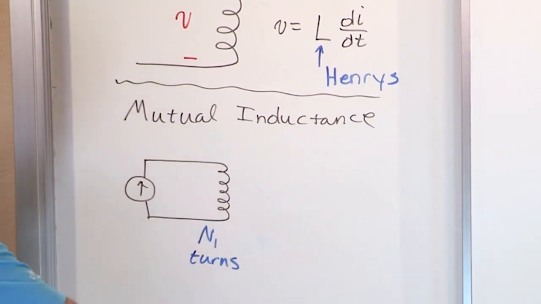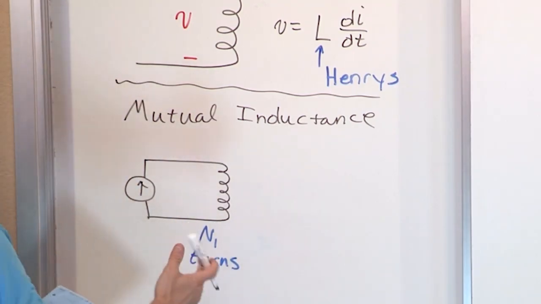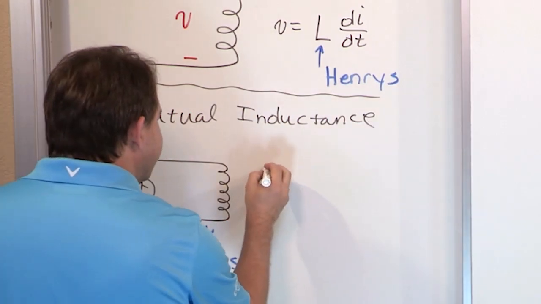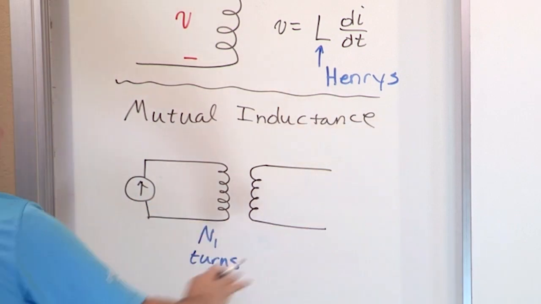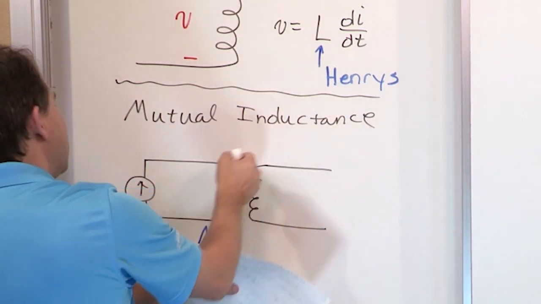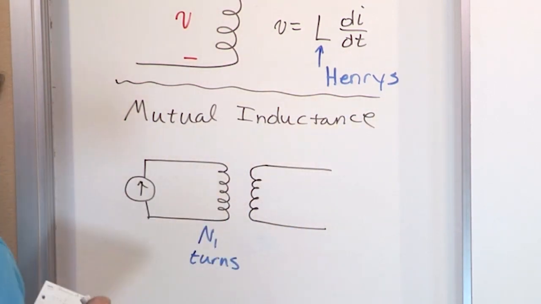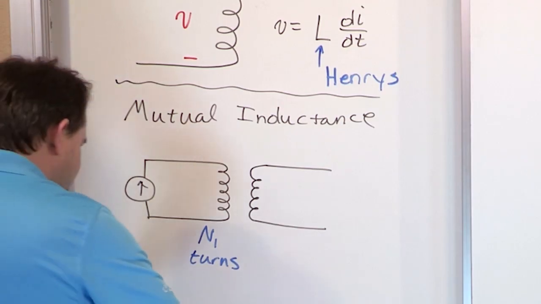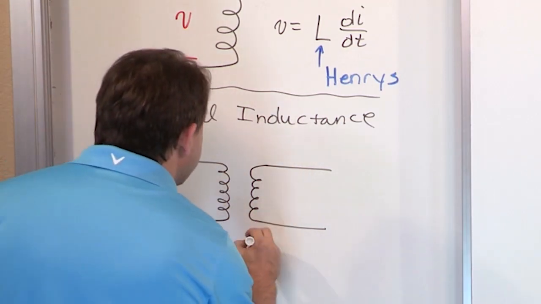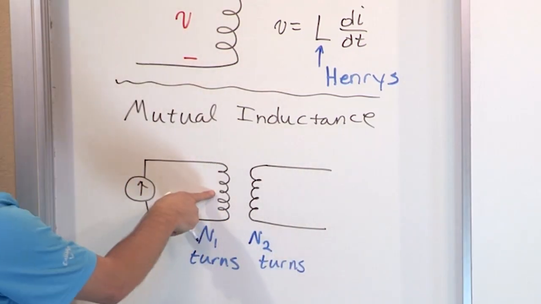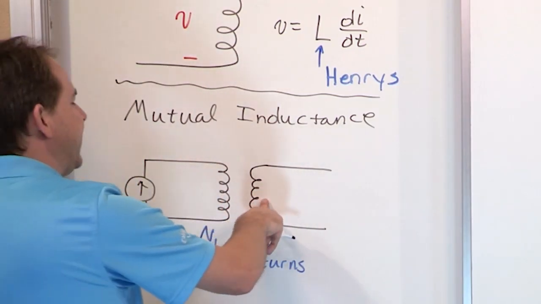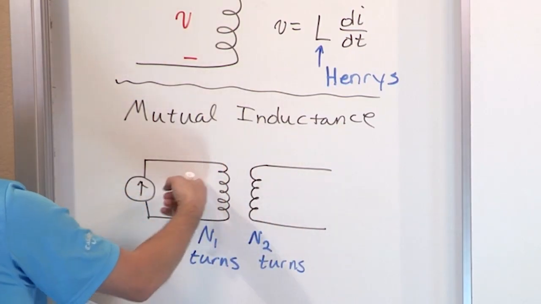Now, if I create another inductor and I move it physically close to the first one, like this, I'll leave this side open for now, but I'll just put a coil of wire physically very close to the initial coil, and that second coil has what we call N2 turns. In other words, this coil might have 52 turns, and this coil might have 104 turns, or whatever, 25 and 30, or whatever.